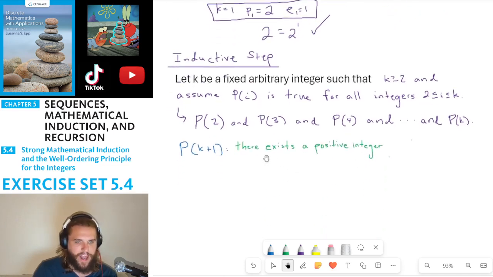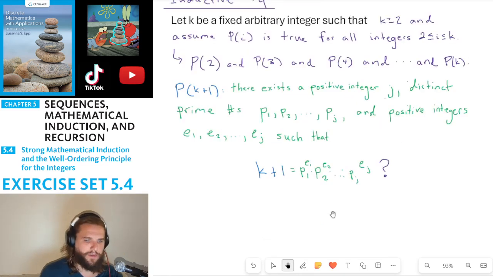But because of that, I can't say that p of k plus 1 is the statement that there exists a positive integer k. I can't use k there. I'm going to use a different letter, j. So p of k plus 1 is the statement: there exists a positive integer j, distinct prime numbers p sub 1, p sub 2, up to p sub j, and positive integers e sub 1, e sub 2, up through e sub j, such that k plus 1 equals the product of those prime numbers.